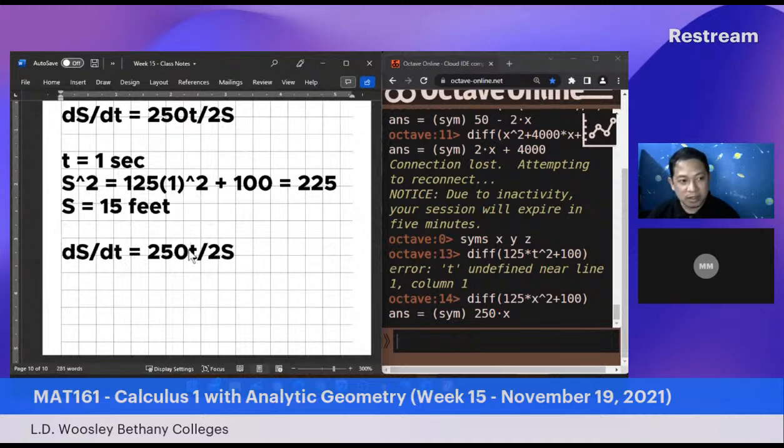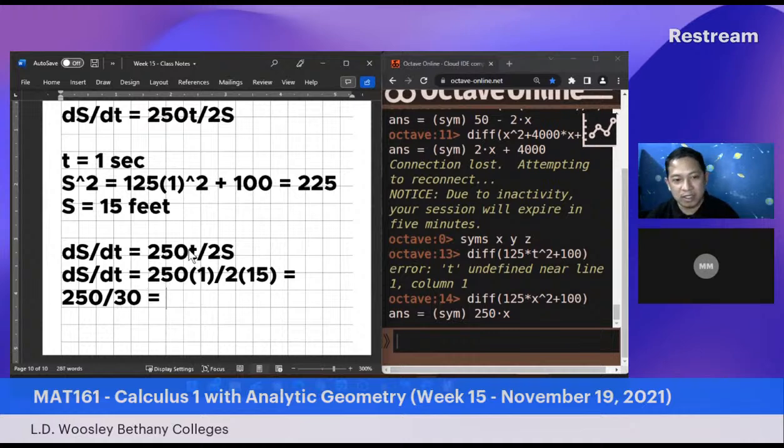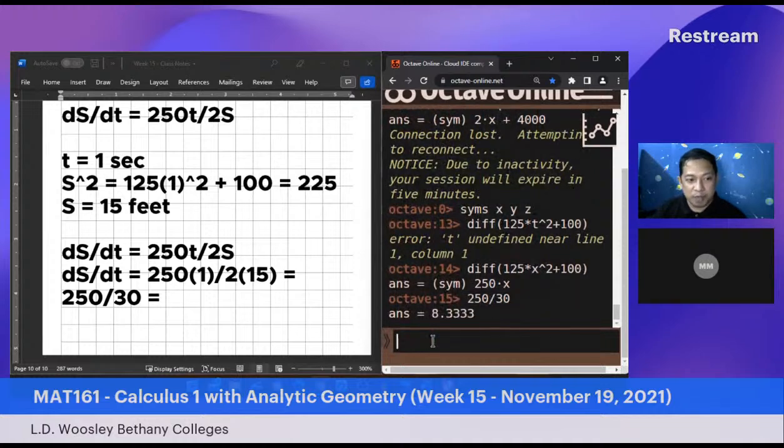So substituting ds over dt at after 1 second, 250 times 1 all over 2 multiplied by 15 feet. So that would be equal to, can you solve? 250 over 30. What's 250 over 30, Michaela? We could solve it here. So you have 8.33.